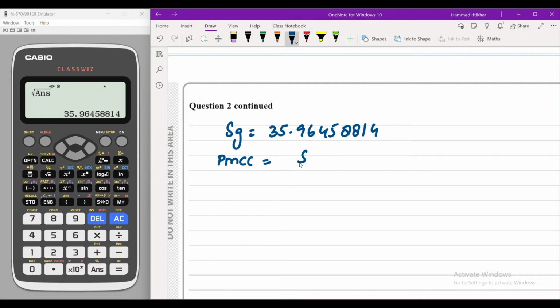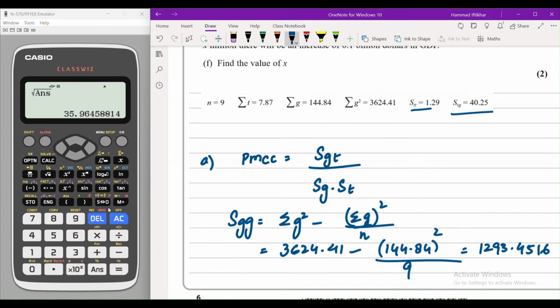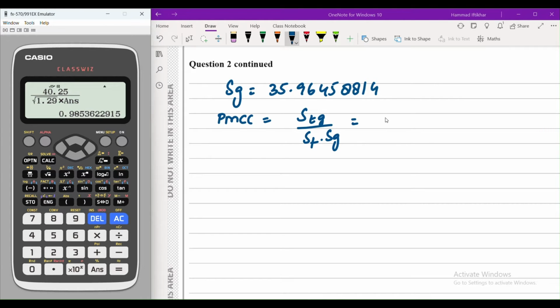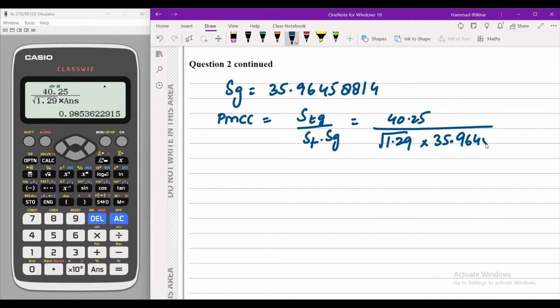Now we find out the PMCC. That is going to be STG divided by the square root of STT times SGG. STG, they have given us 40.25, divided by square root of 1.29 times, since I've already done the square root, 35.96458814.